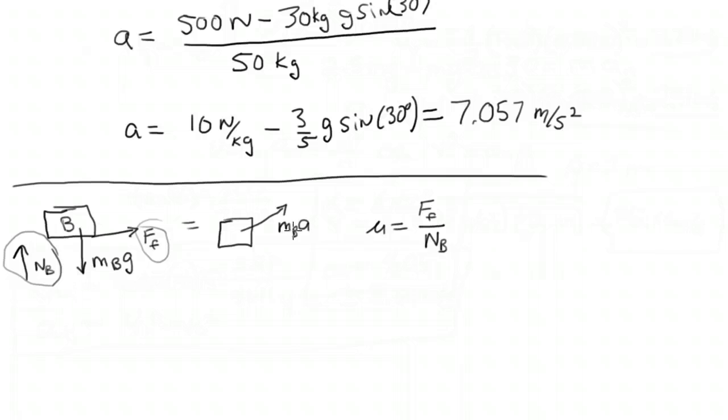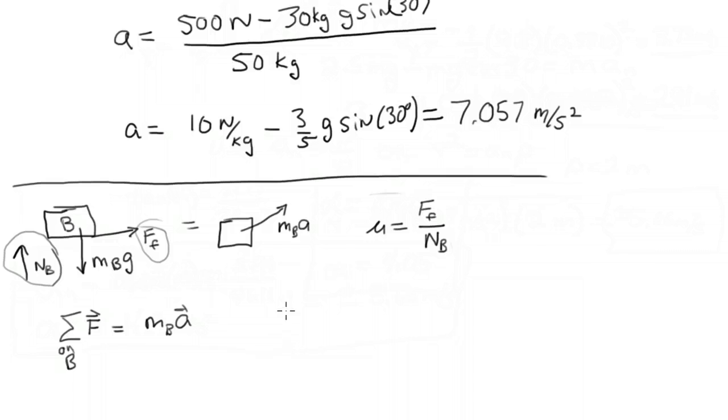So all we need to do is solve this equation. We'll write down the sum of the forces on B is equal to m_B times a. We'll solve this equation, calculate the values for the force of friction and the normal force, and we can calculate mu.